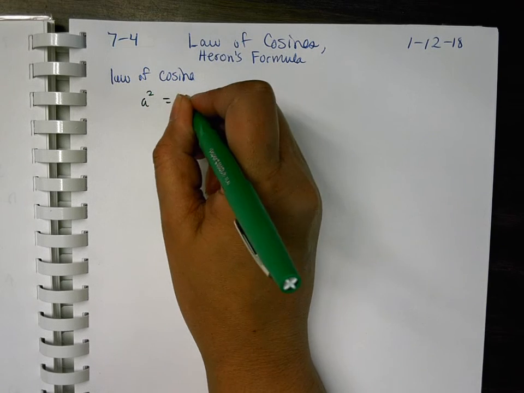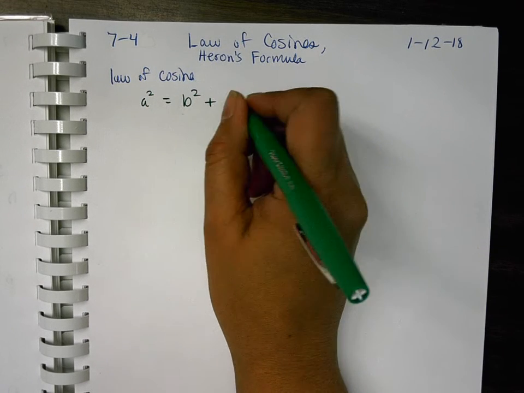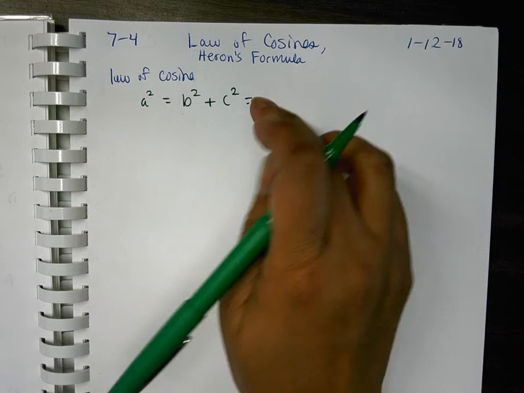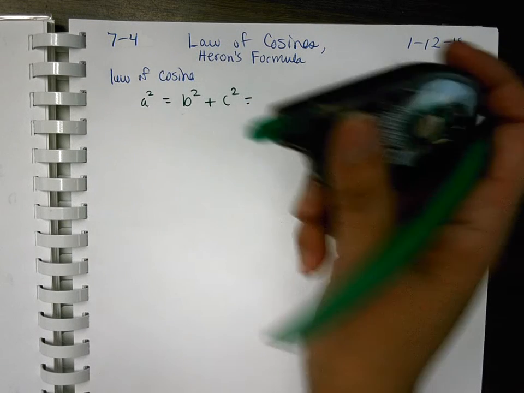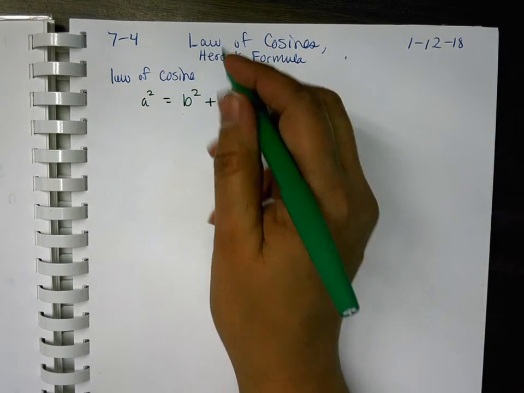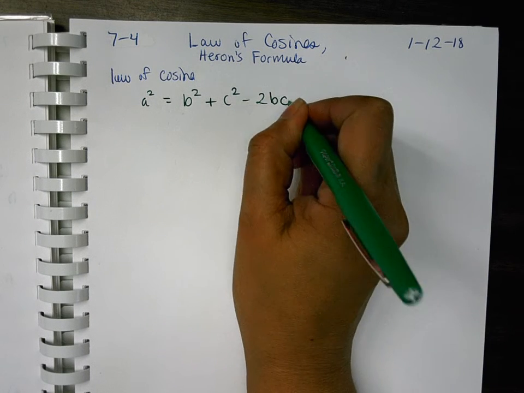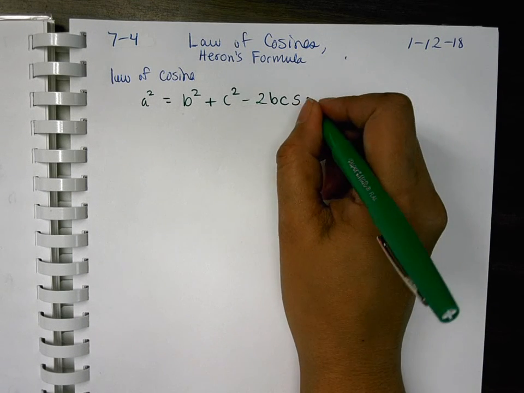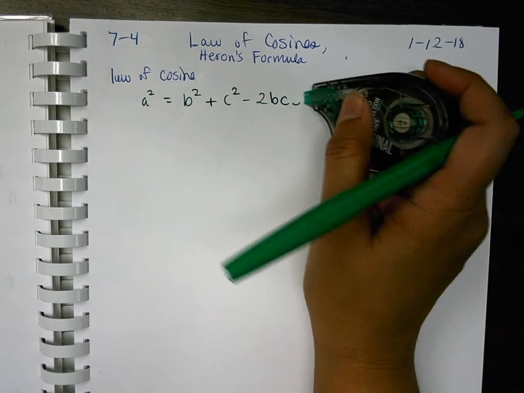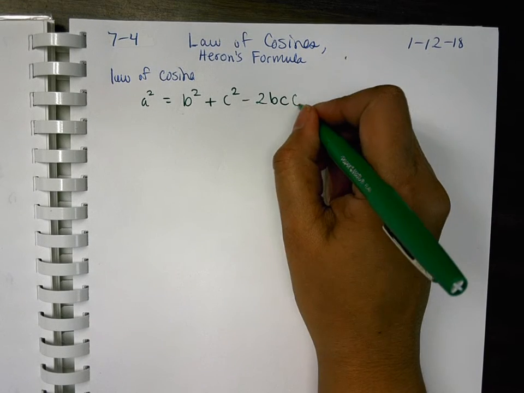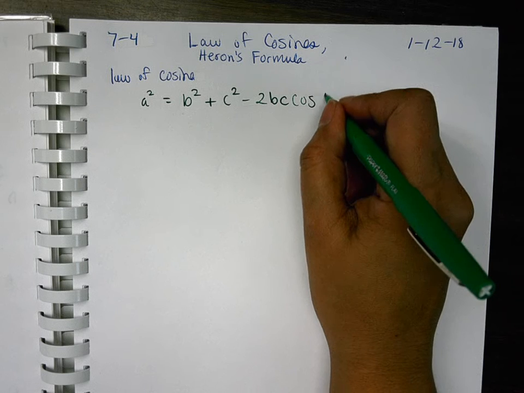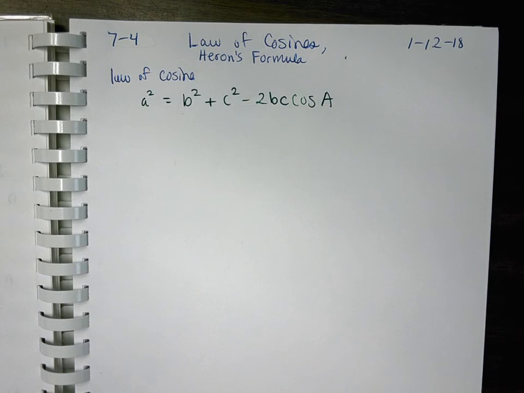A squared equals B squared plus C squared, not an equals, that's a minus, minus 2BC cosine of A. Okay, yes, that looks very complicated, a lot to memorize.